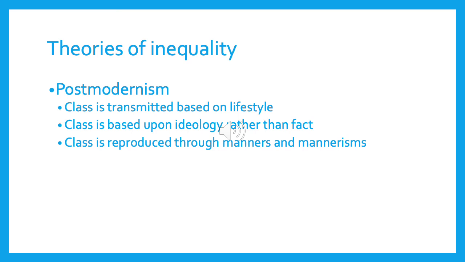So for postmodernists, class is reproduced primarily through manners and mannerisms. Primarily, class is reproduced by teaching our children to have the same kind of ideologies and the same kind of lifestyles that we have, according to our class status.